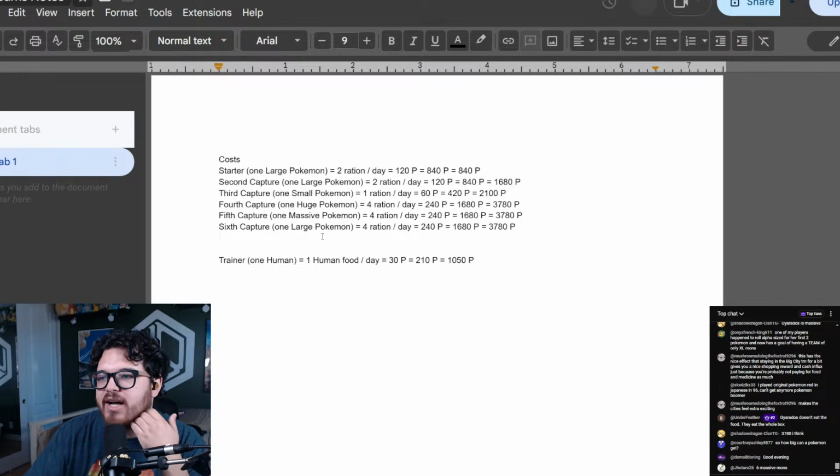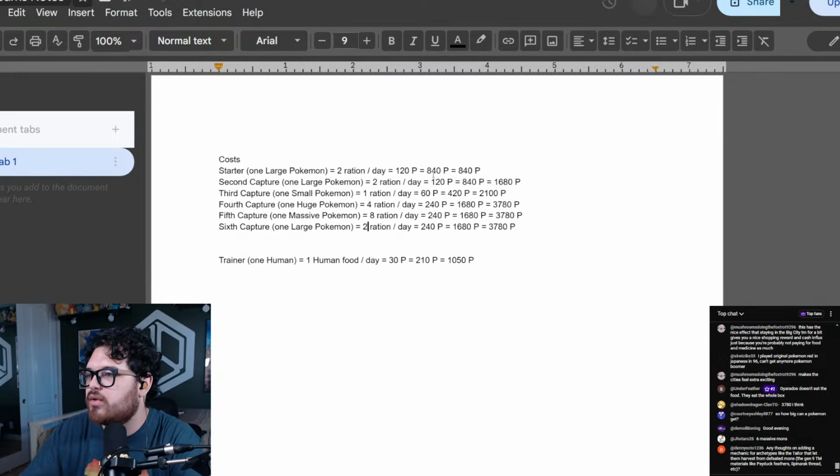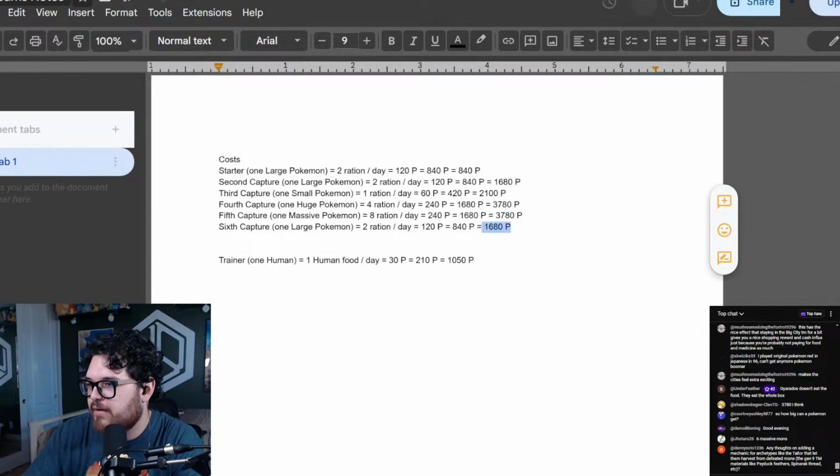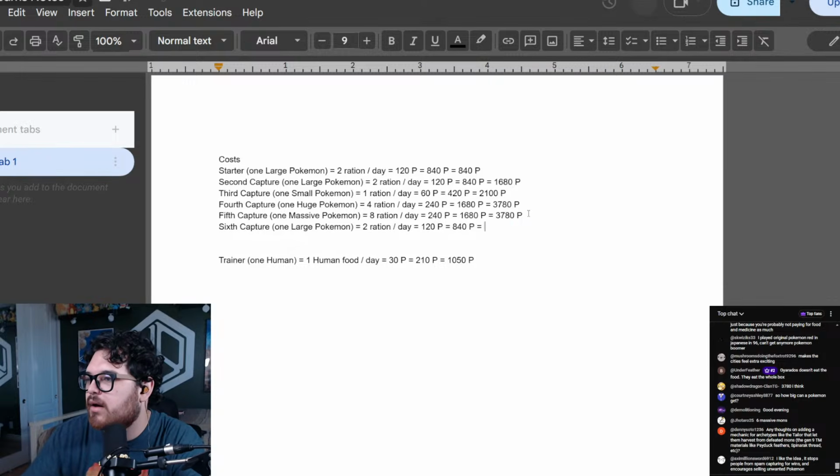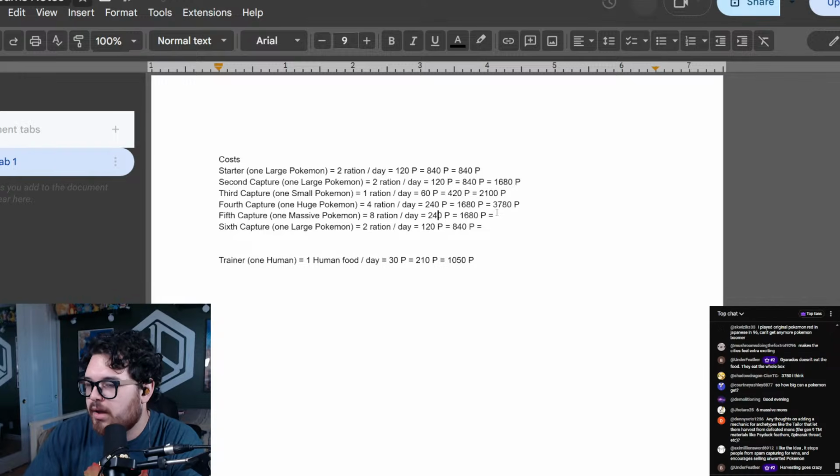Yeah, 6 massive mons would be a lot of food each day. So massive would be 8. Large would be 2. Let me just copy this real quick. And then we'll delete that for a second. 480. 30.